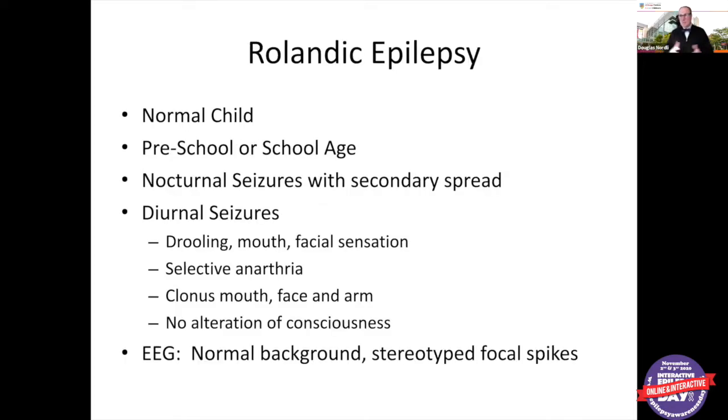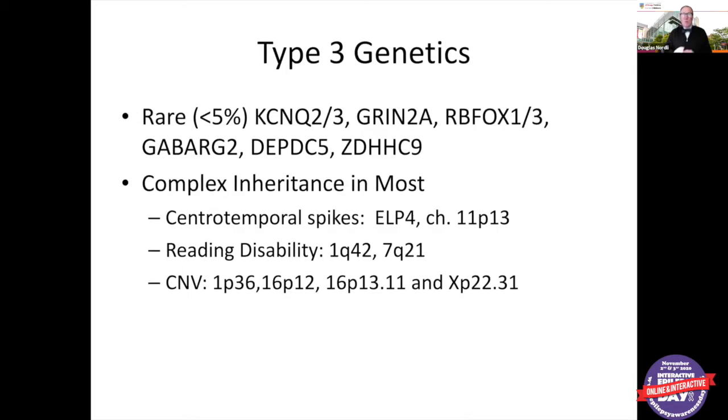A classic example of this is Rolandic epilepsy, one of the commonest forms of focal epilepsy that we'll see in school-age children, where they have nighttime seizures with convulsions. And here again, there are rare families where genetics are positive. The vast majority of patients with these forms of epilepsy are going to end up with normal genetic studies. So it's not worth checking in these self-limited epilepsies.